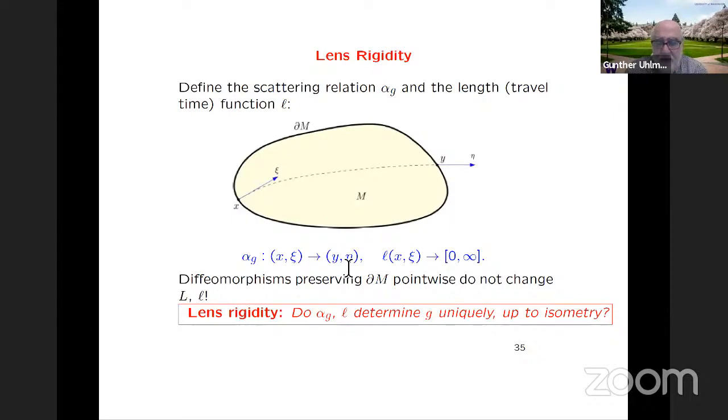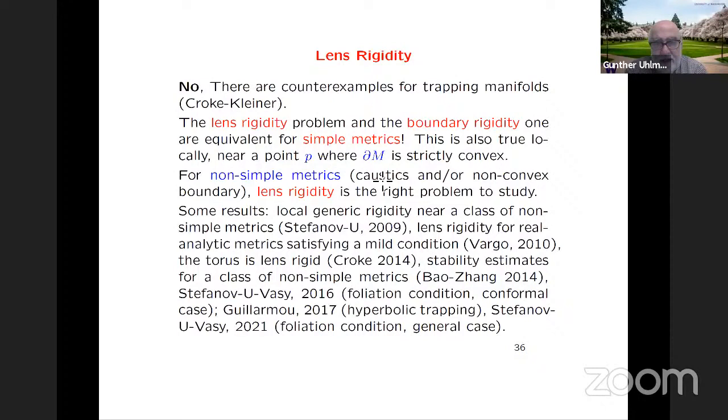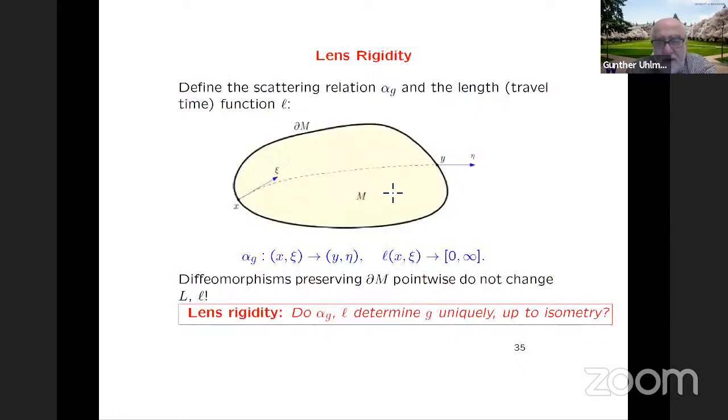This is an important problem because we don't assume here that there are no caustics, no conjugate points. You may have the geodesics coming together, you may have conjugate points, caustics, and so on. The condition of simplicity does not allow for that.